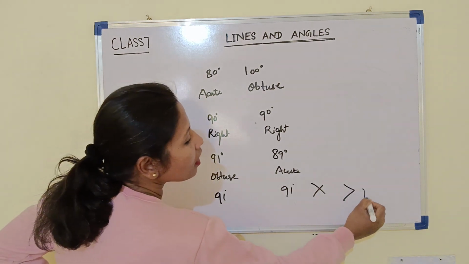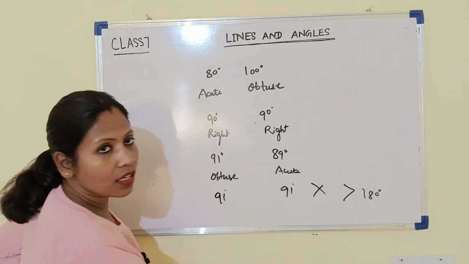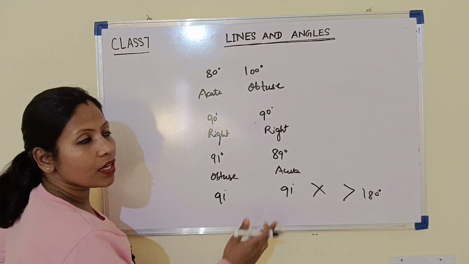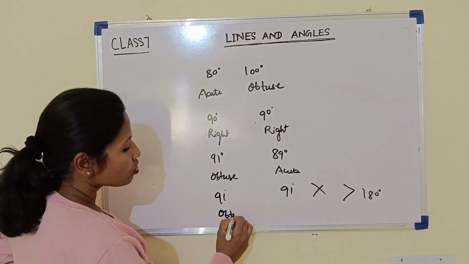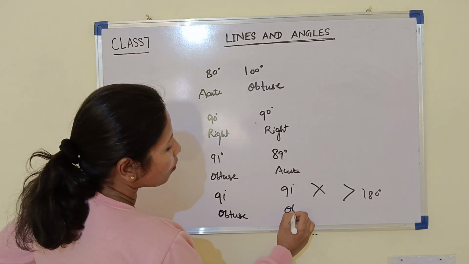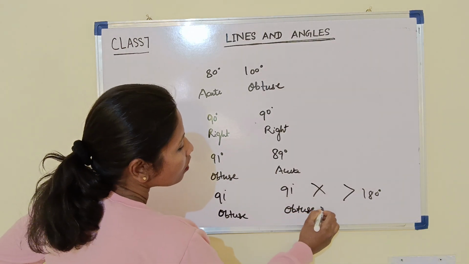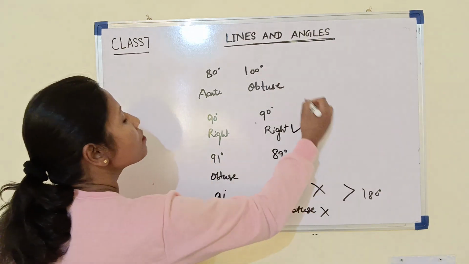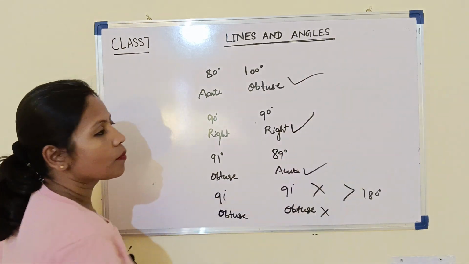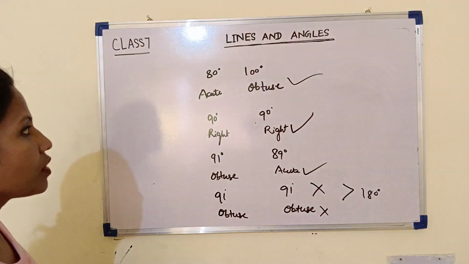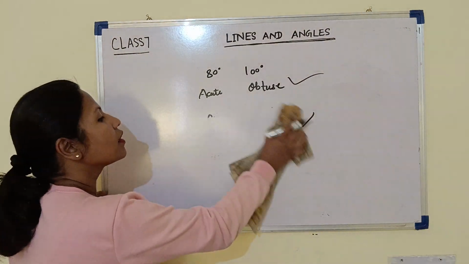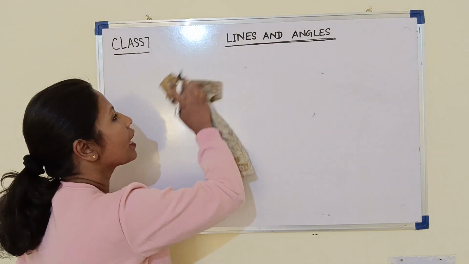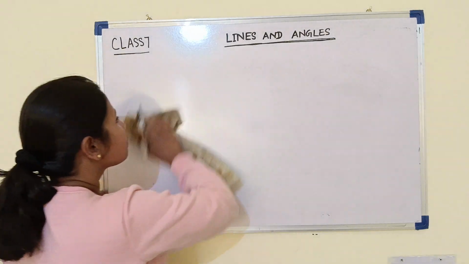Because the sum will be greater than 180 degree. This sum will be 182 degree. So this combination is not possible. So obtuse angle and obtuse angle combination is not possible. So these combinations are possible. Understood? Okay, so this was supplementary angle and then I taught you the complementary angle and their combinations.